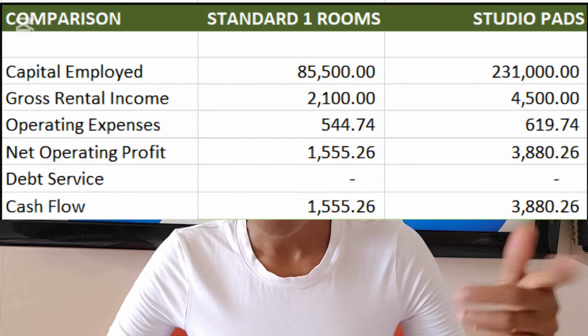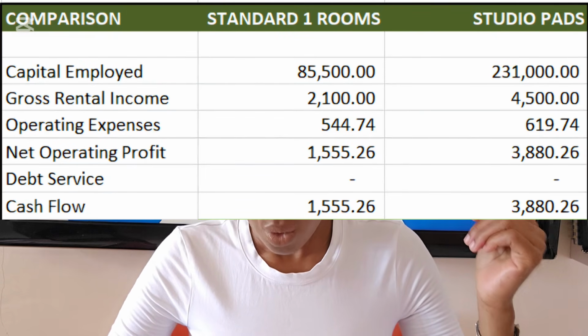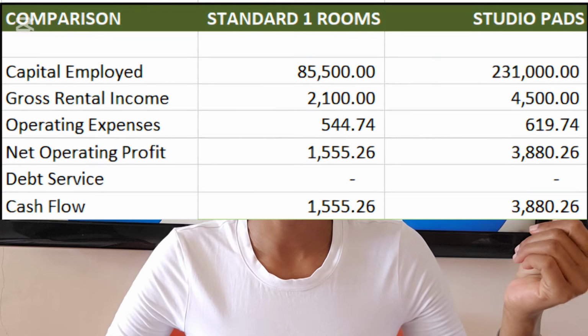What's next after the net operating income? You are going to look at debt service. Obviously, in our case, we don't have any debt that we are servicing. If you're somebody who's going to take up debt to build, the monthly installment is going to come here, but we don't have that monthly installment. So our debt service is 0 per block. From there, we say net operating income minus the debt service. But like I've said, the debt service is 0, so we are still going to get the same figure.